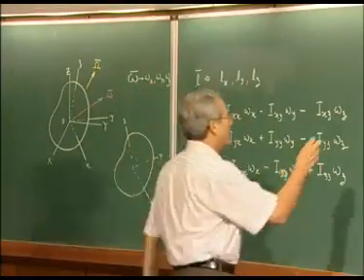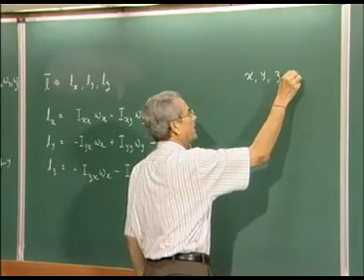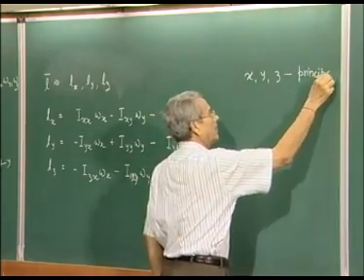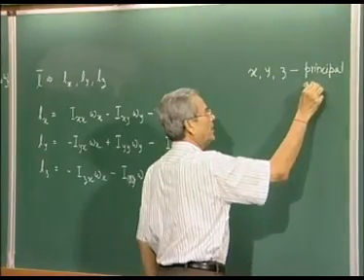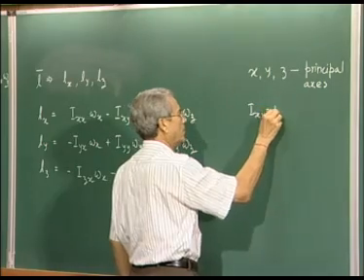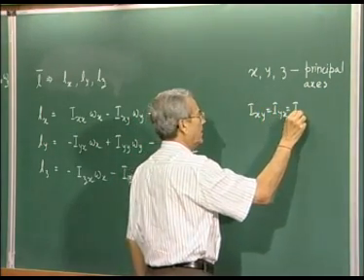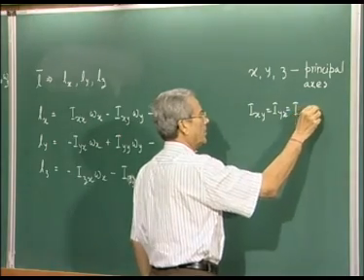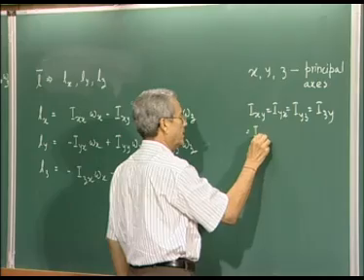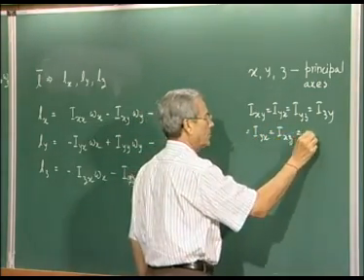And when these directions x, y, z are along the principal axis of the rigid body, then Ixy is equal to Iyx equal to Iyz equal to Izy equal to Izx equal to Ixz equal to 0.